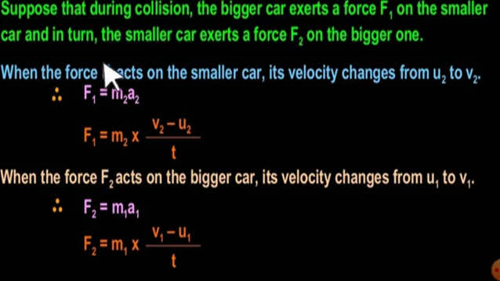That means during the collision, one must be action. Actually, the smaller car hits the bigger car, so if one is action, the other will be reaction. The force that is acted by the smaller car onto the bigger car will be the action.